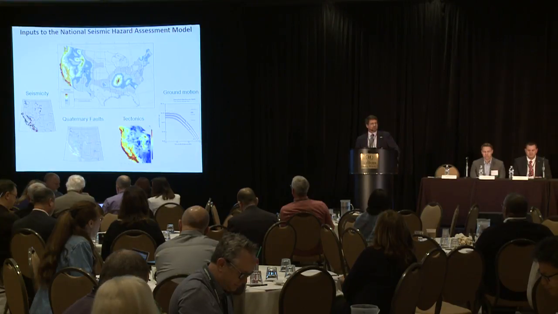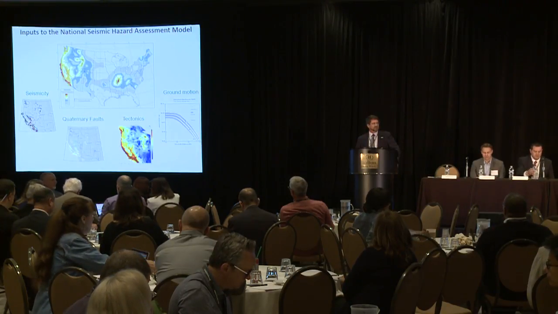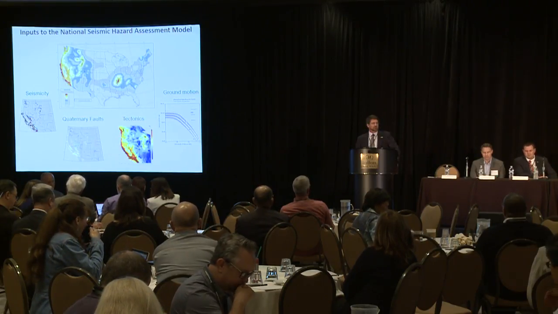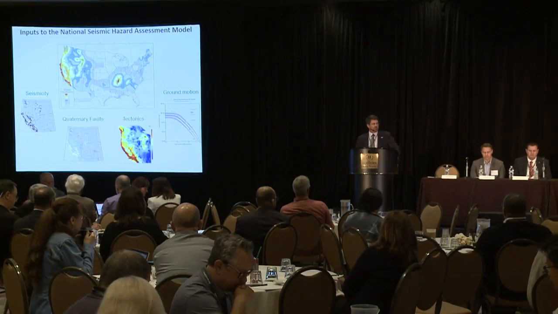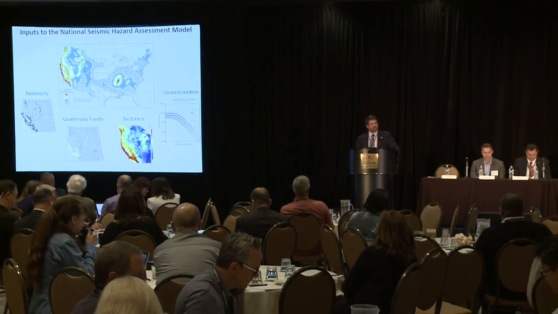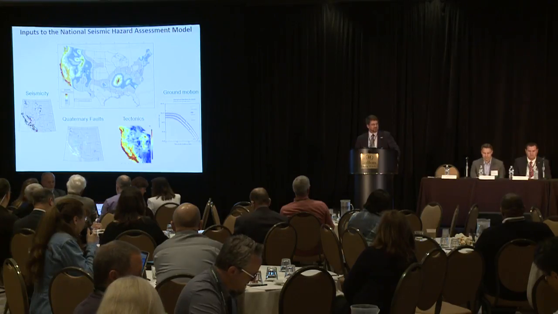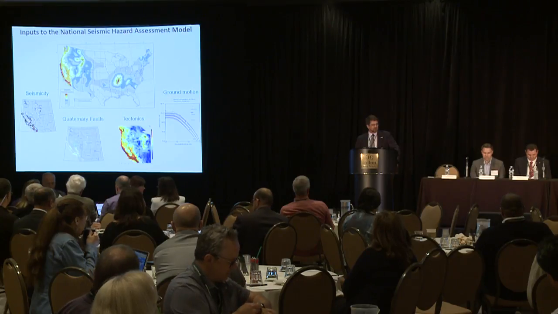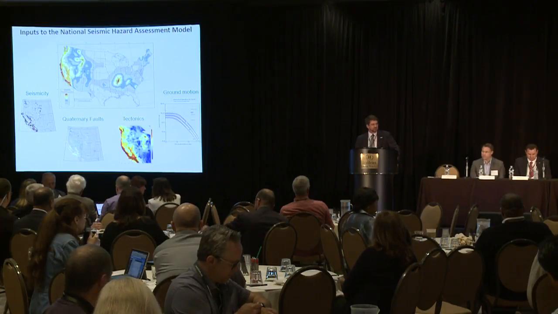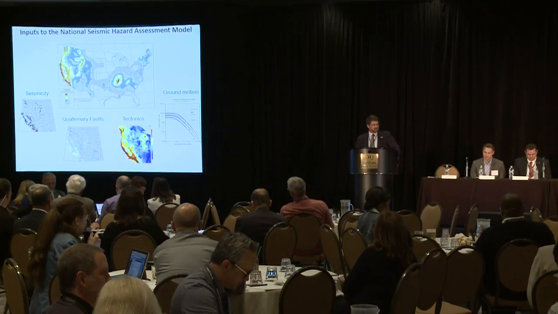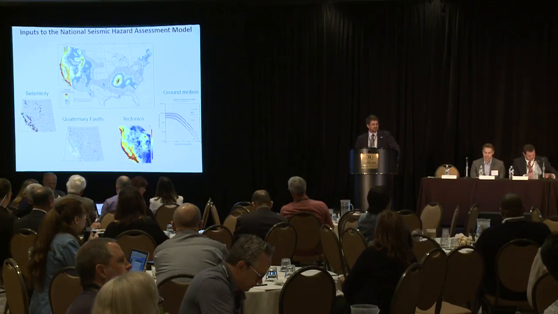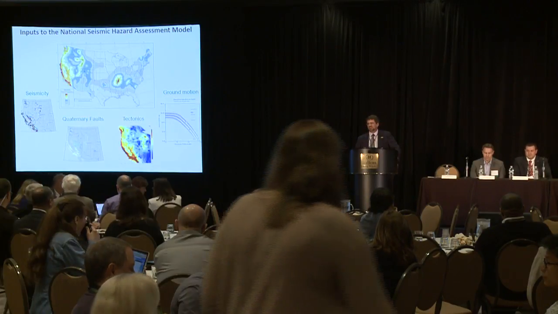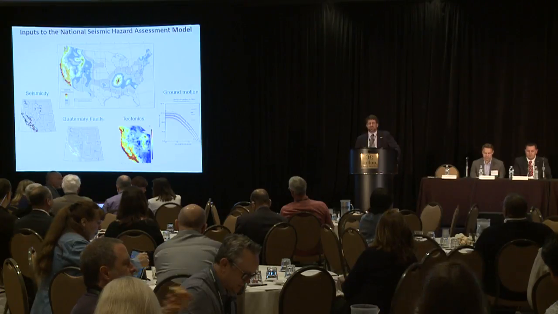As background, there's really 4 things that go into the seismic hazard analysis. The seismic hazard model is an encompassing of what we know about the earthquake rates and the ground motions caused by earthquakes. The primary inputs are shown here: the seismicity, the known earthquakes that we've recorded with seismometers or from paleoseismic studies; quaternary faults, what we know about the faults that may cause earthquakes; tectonics, what I've labeled here, is really what we know about the deformation of the ground, the geologic processes that are placing stresses on faults and causing earthquakes.